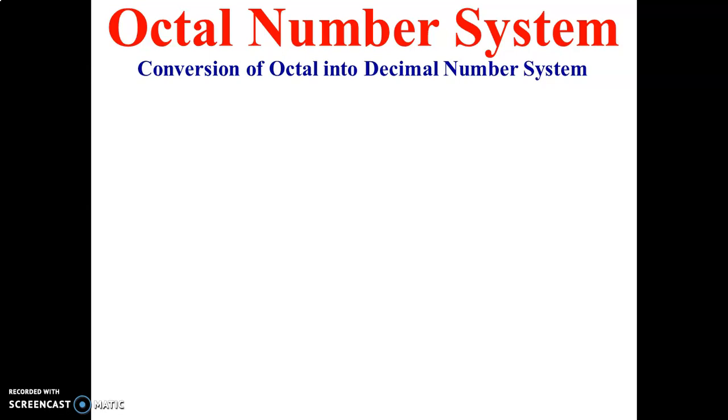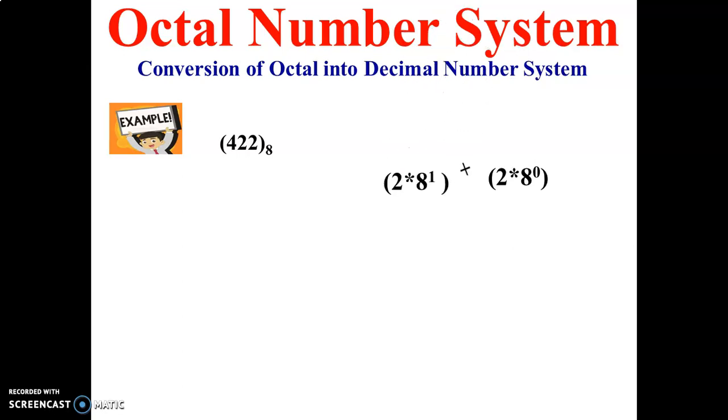Just we will understand this with an example. So we have octal number 422 with the base 8. Now we have to convert it into decimal. So we will start from the rightmost digit, that is 2. Firstly we will multiply 2 with 8 raised to the power 0. Then we pick 2 multiplied by 8 raised to the power 1, and then we pick 4 multiplied by 8 raised to the power 2.